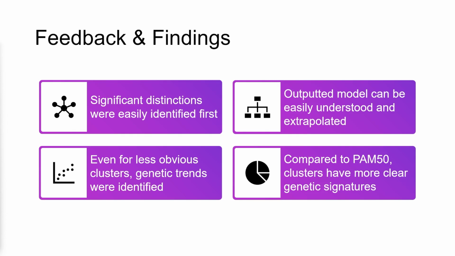As compared to the PAM50's classification of the same dataset, genetic signatures were more clearly represented in Vis-SPLIT clusters, and the domain experts noted that outputted Vis-SPLIT models could provide future researchers with quick and easily understood classifications that could be reduced further into simpler decision models if desired.